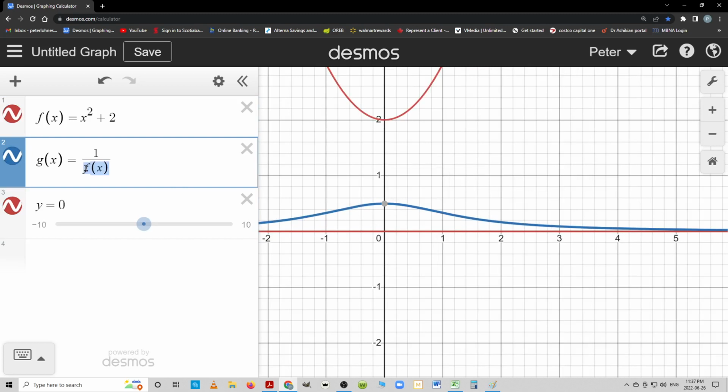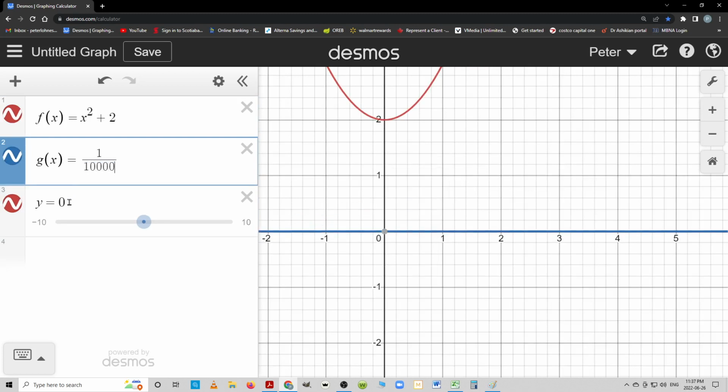It's because if you plug in some values here, like let's say 1 over a million, you're going to get almost 0. If you plug in 1 over negative a million, you're going to get negative something very small. Actually, no, for x squared, it's going to become positive again, plus 2.